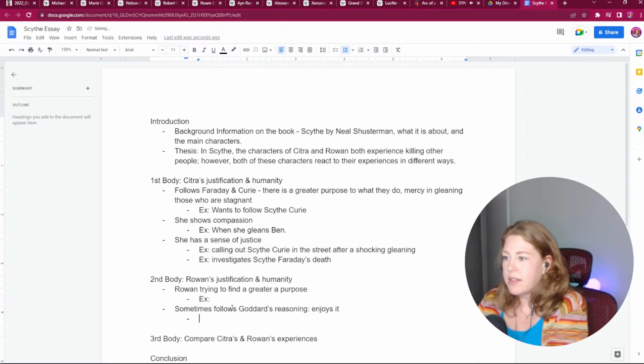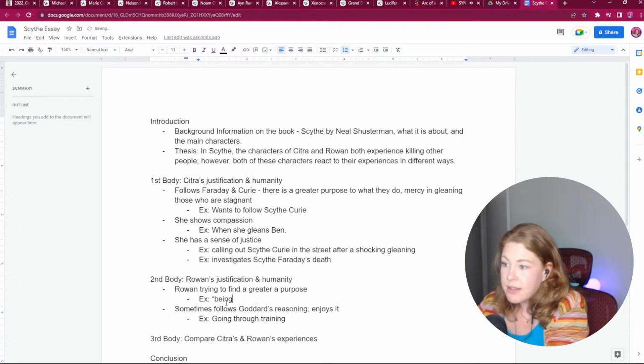Okay, and then we have an example of that, of his training, right? And I think a good example of Rowan trying to find a greater purpose is him being the lettuce and wanting to escape that.